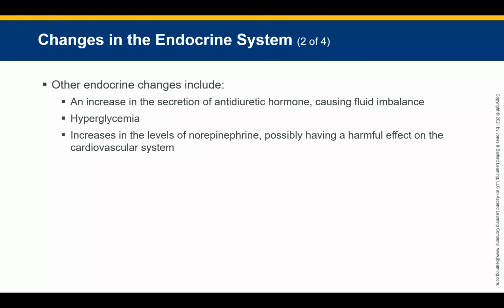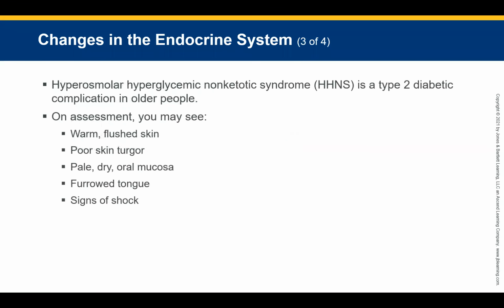So there's a lot that can potentially go wrong with the elderly. When I say it's confusing, the more and more we learn about that age group, the better off we are to assist them in certain matters. Hyperosmolar hyperglycemic nonketotic syndrome, HHNS, is a diabetic complication in older people and often occurs in people with type 2 diabetes.